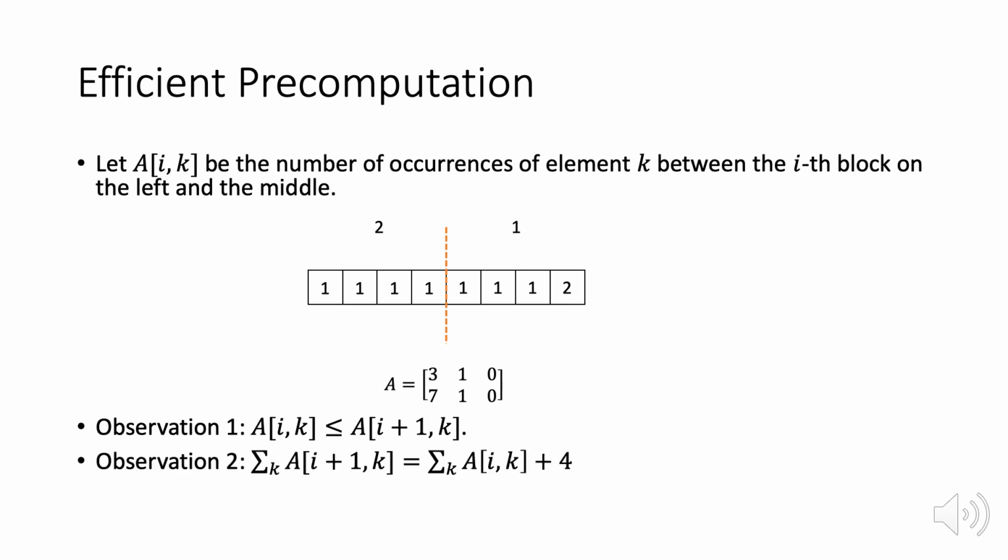For the second observation, let's look at the row sum of A. For the ith row, the sum is the total size of the first i blocks, and for the (i+1)th row, the sum is the total size of the first i+1 blocks. Therefore, the difference of the sum of the (i+1)th row and the ith row is exactly the size of the (i+1)th block.